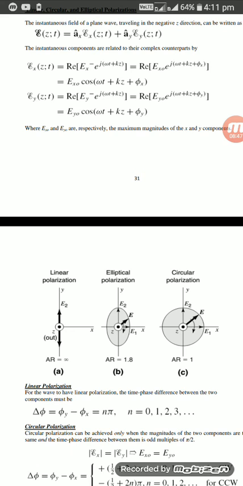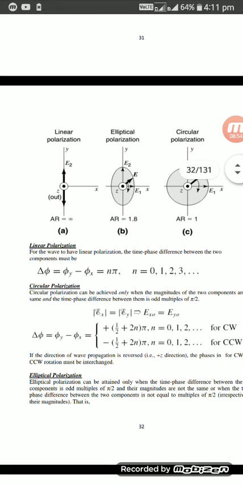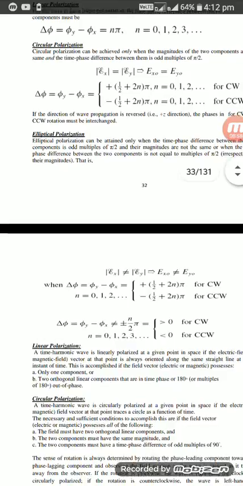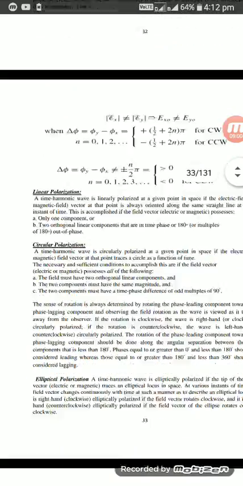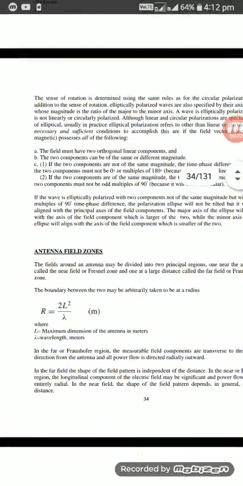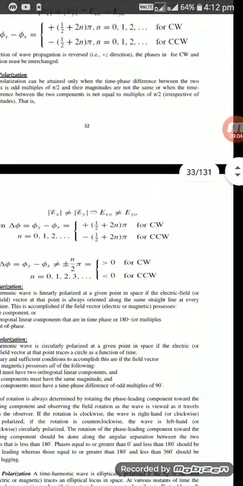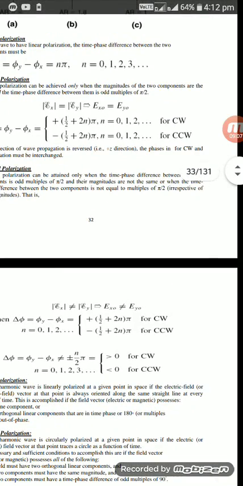So these are the differences between linear, elliptical and circular polarization. Okay, these are the waveforms of elliptical, circular and linear polarization. Okay, next we will discuss the next topic, continuing tomorrow.